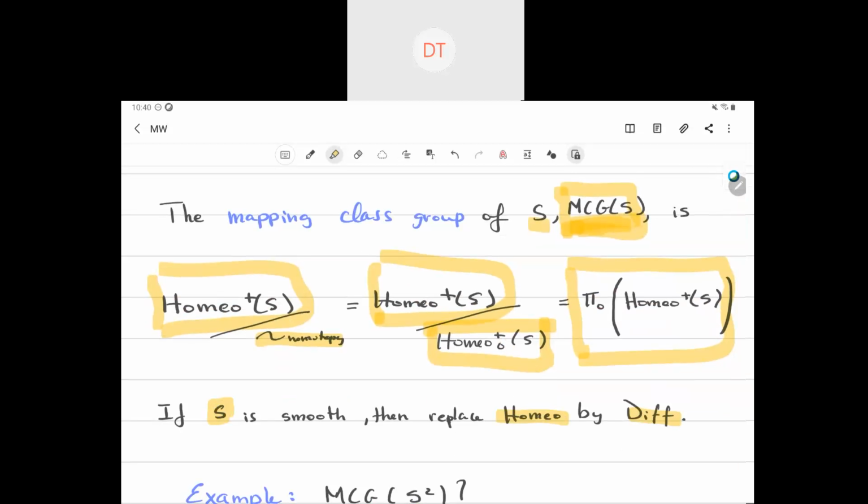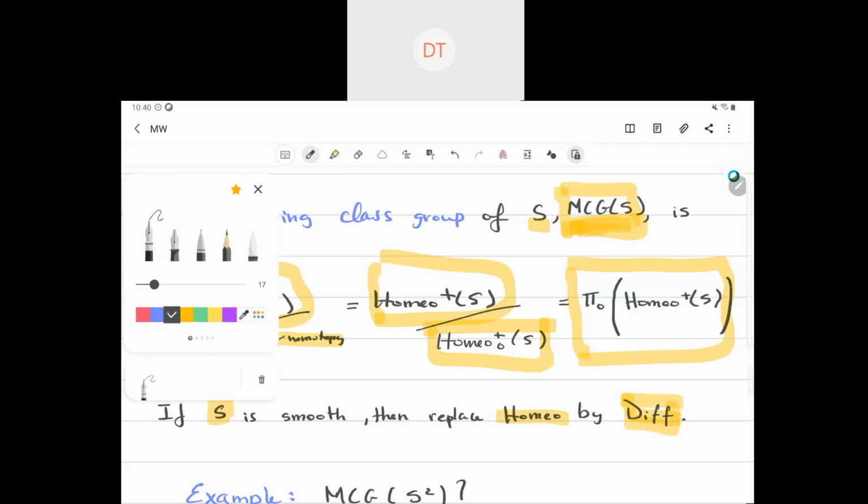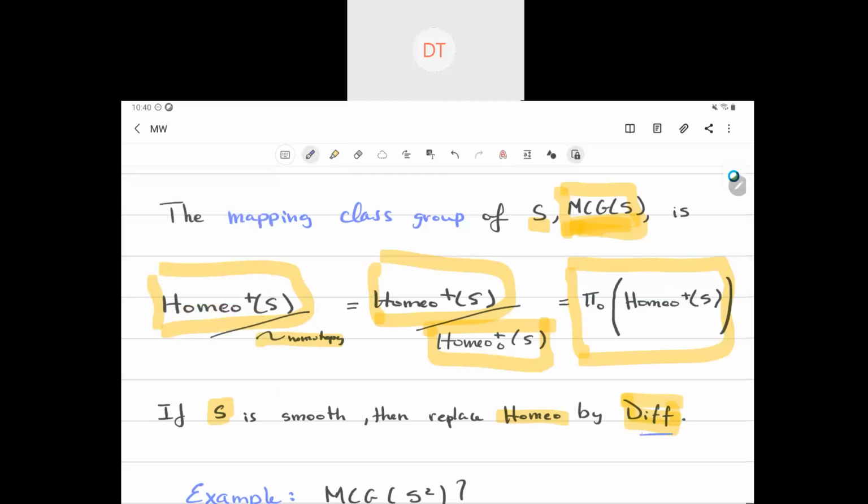And if S is smooth, we define the mapping class group of S just with the same construction by using diffeomorphisms, okay? Actually, homeo is a little bit more general, but we are actually going to be talking about this case. So really, we're going to be thinking of this.